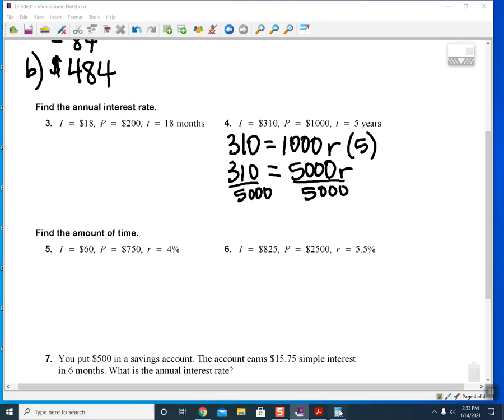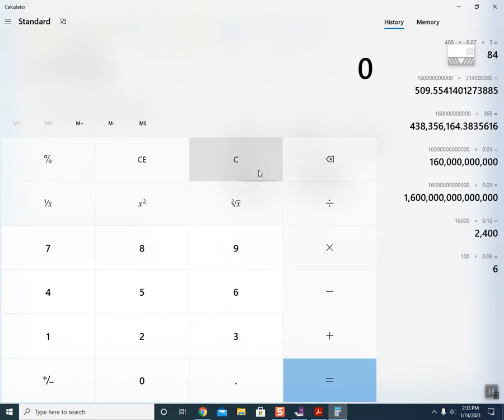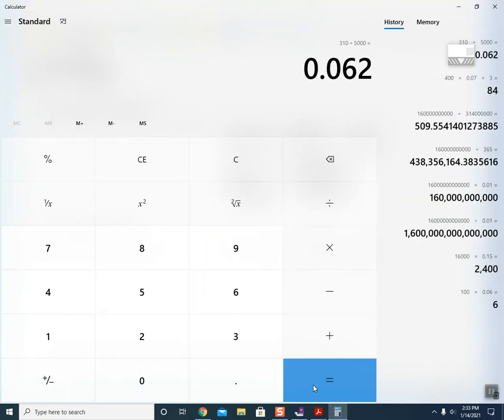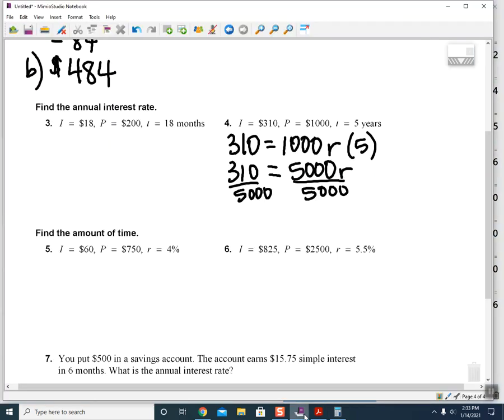So 310 divided by 5,000 is going to equal 0.062. So I have R equals 0.062.